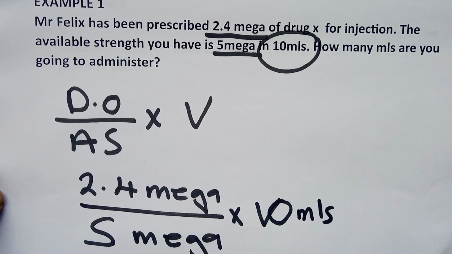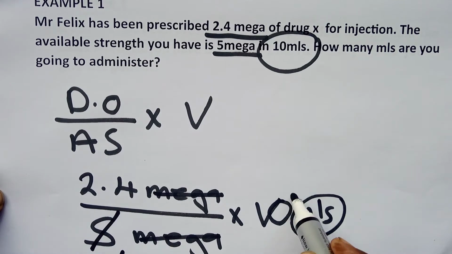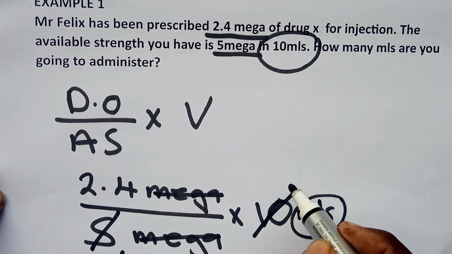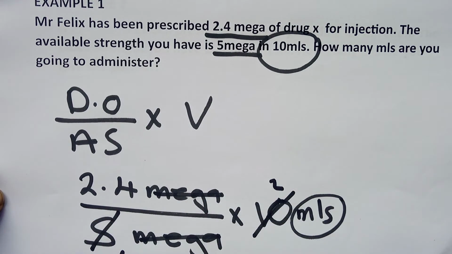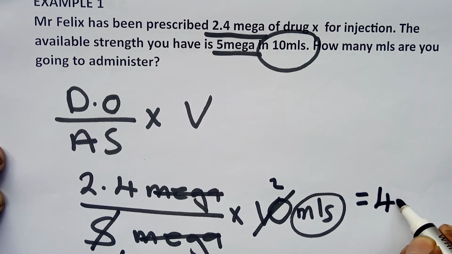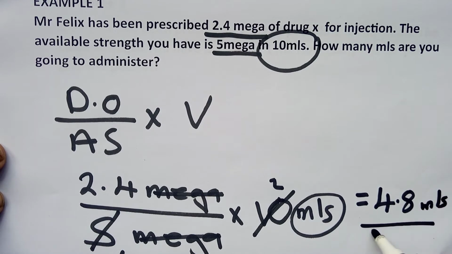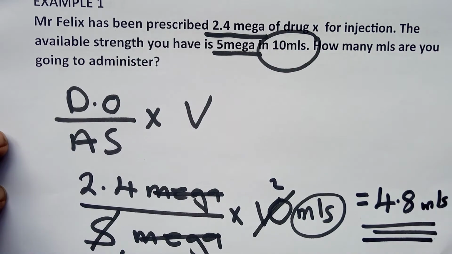Now, if we follow critically, we cancel out the units. Mega goes, and we remain with mils. 5 into 10 is 2. Then 2 times 2.4, our answer is 4.8 mils. This is what you are going to withdraw. So from the total volume of 10 mils, you are simply going to take out 4.8 mils for Mr. Felix.